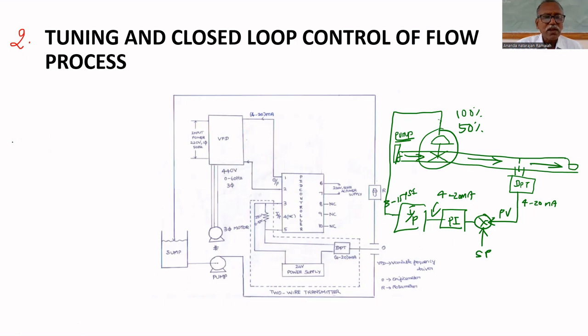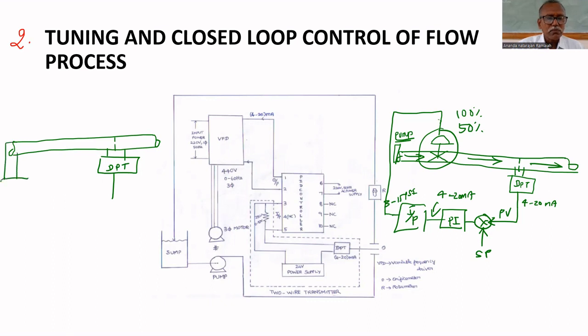So instead of having the valve, we can use variable speed pump. We are measuring the flow rate through DPT. Differential pressure transmitter measures the flow rate. It is connected to this pump. This is the pump.